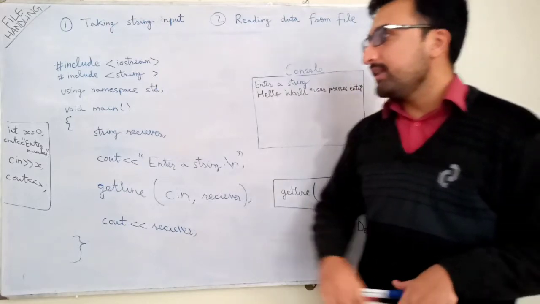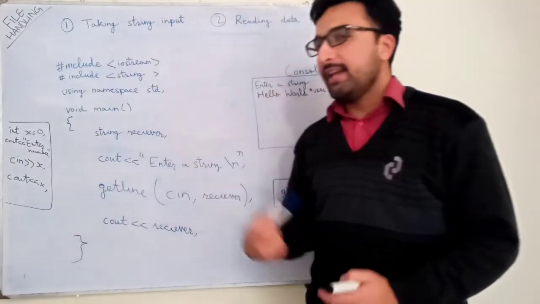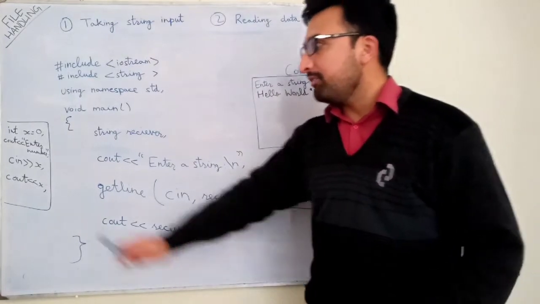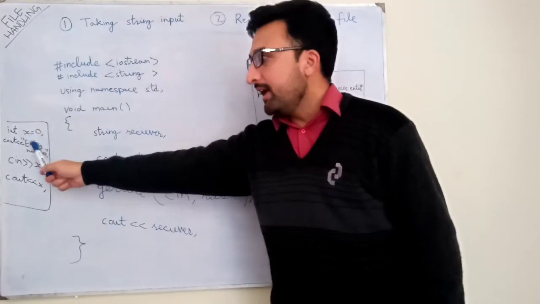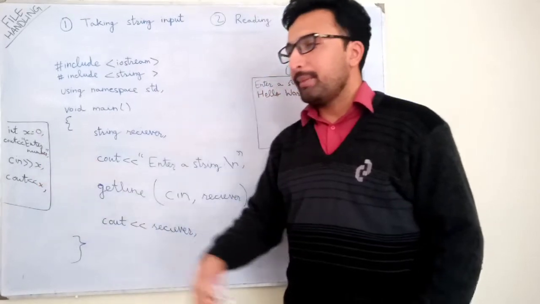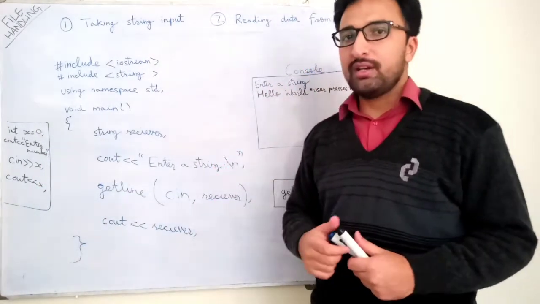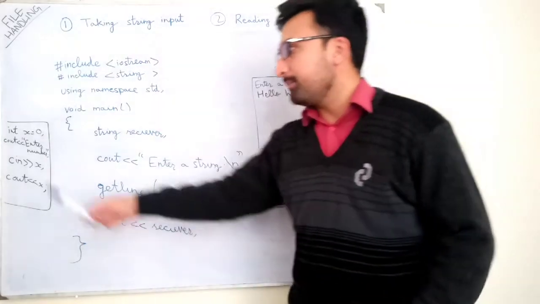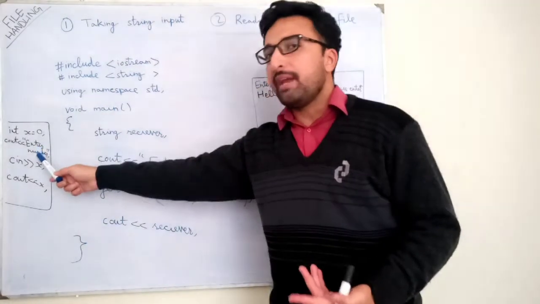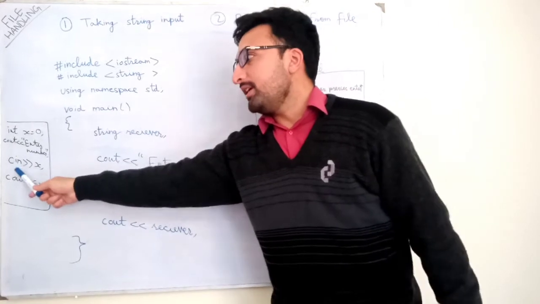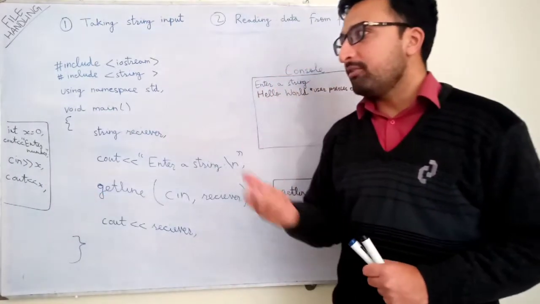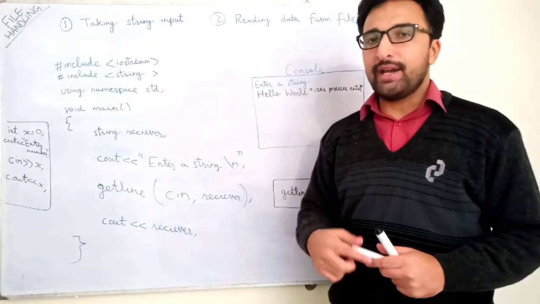Till now we have seen how we can take input in a variable: we need to first define a variable, then we, for example, output some string so that it tells the user what action to take. For example, the string can be "enter any number", then we take input in that variable that we had already defined.